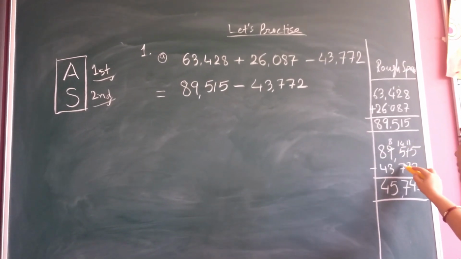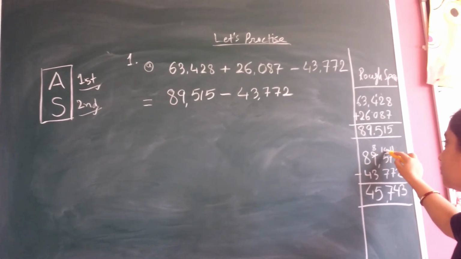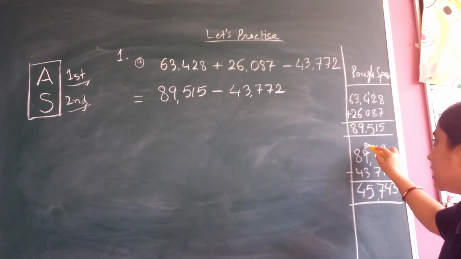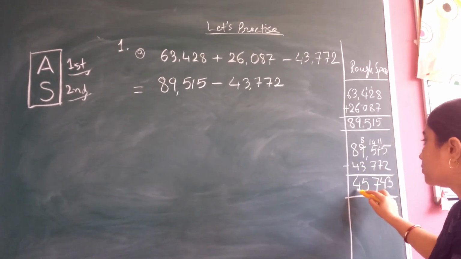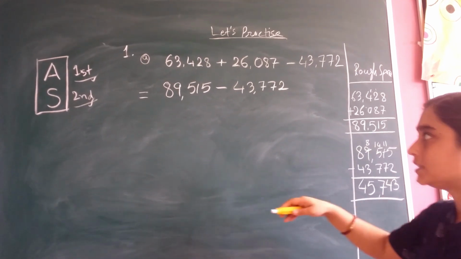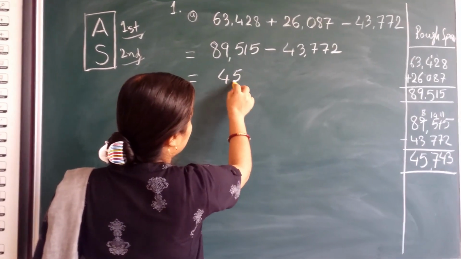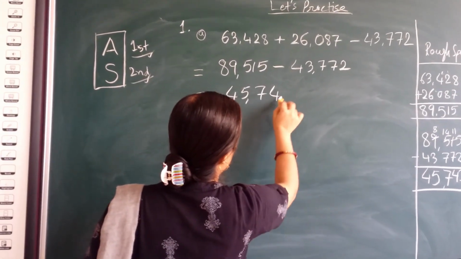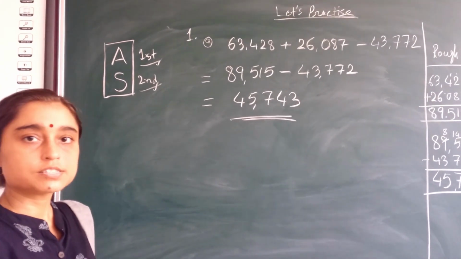Now from 4 we cannot subtract 7, we will borrow 1 again. So it becomes 14. 14 minus 7 is 7. And 8 is left here. 8 minus 3 is 5. And 8 minus 4 is 4. So we will write the answer. How much it is? 45,743. Understood how to do such questions?